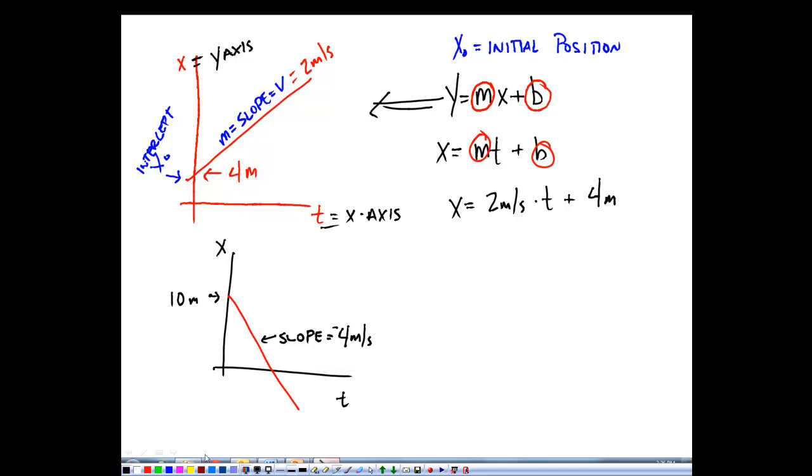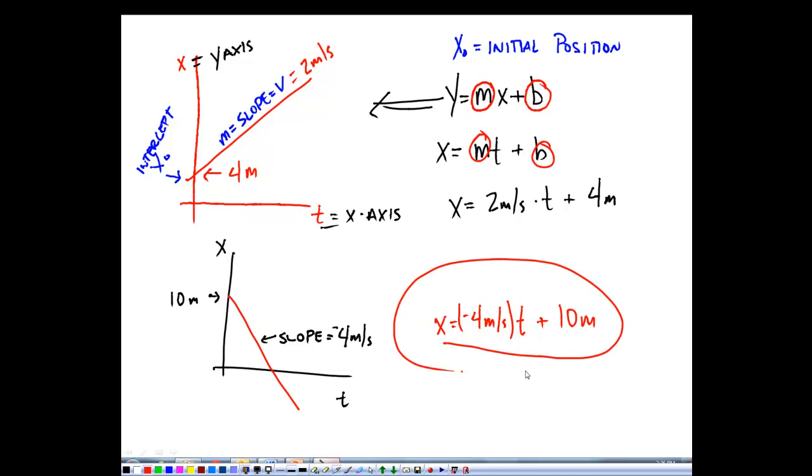So if we want the equation for this, we're going to say x equals 4 meters per second, and it's negative, times the time, plus 10 meters.